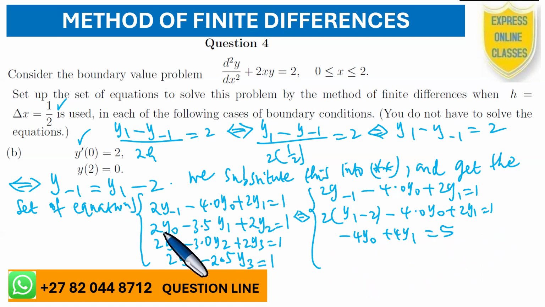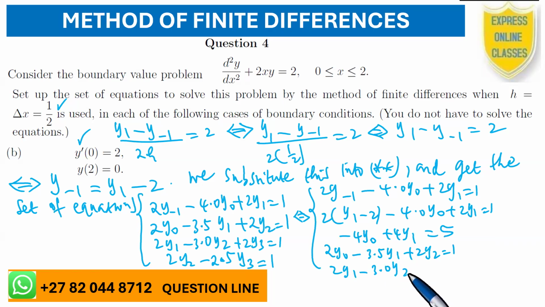The next one is going to be this one, 2y0 plus 2y2 equals 1. Okay, then we have this plus 2y3 equals 1. Minus 2.5 y3 equals 1.